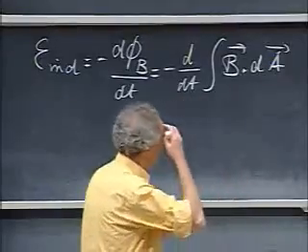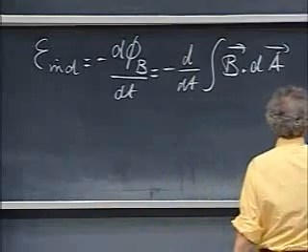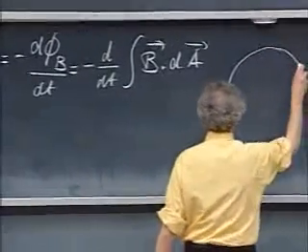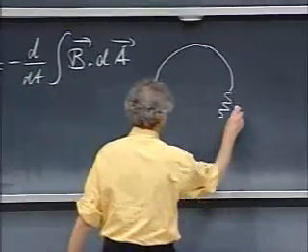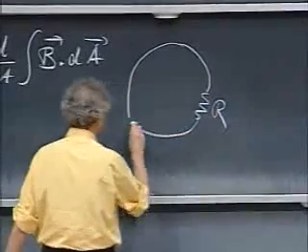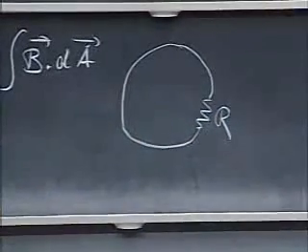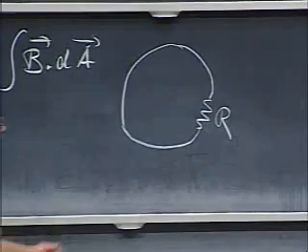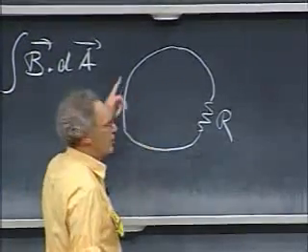Let's first take a stationary loop. I spent a major part of one lecture on that. Say this is a conducting wire, and it has a resistance capital R. That's the net resistance of the entire wire.